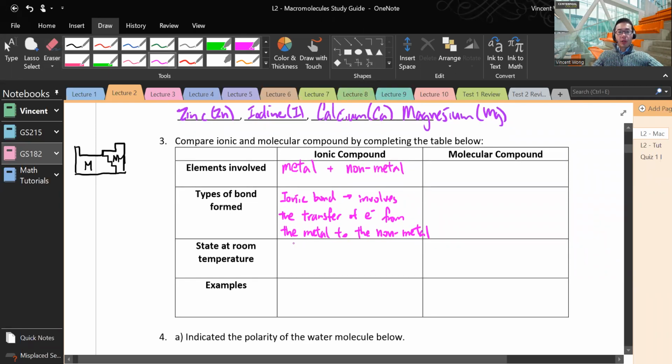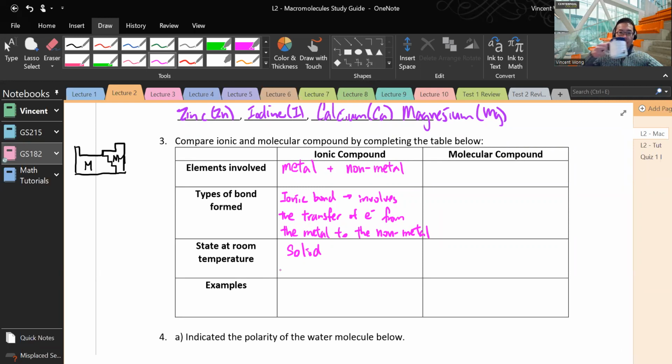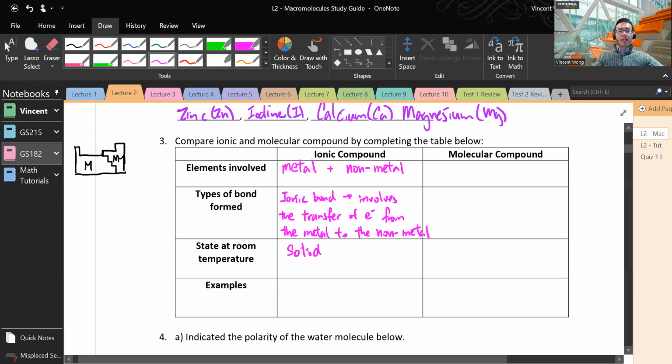These compounds are typically solid at room temperature. Does anybody have an example of an ionic compound that they would like to share? Any example of an ionic compound that they know of, maybe?